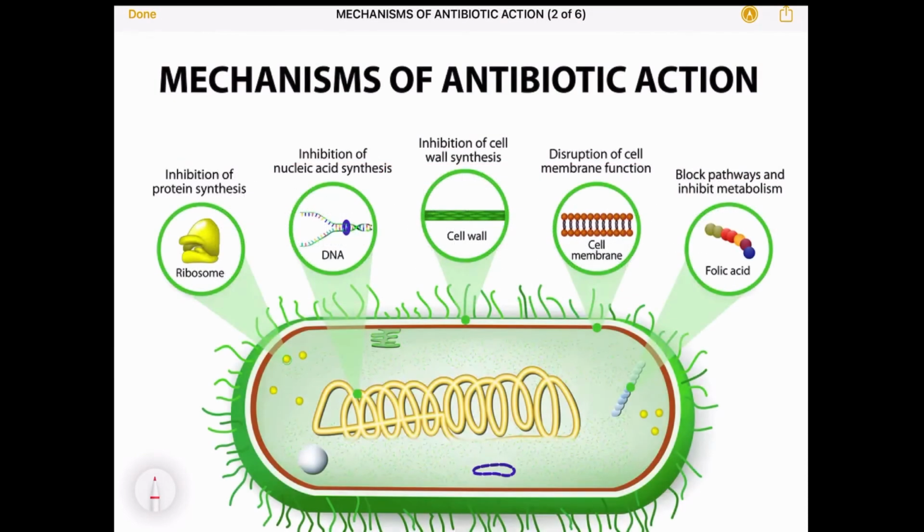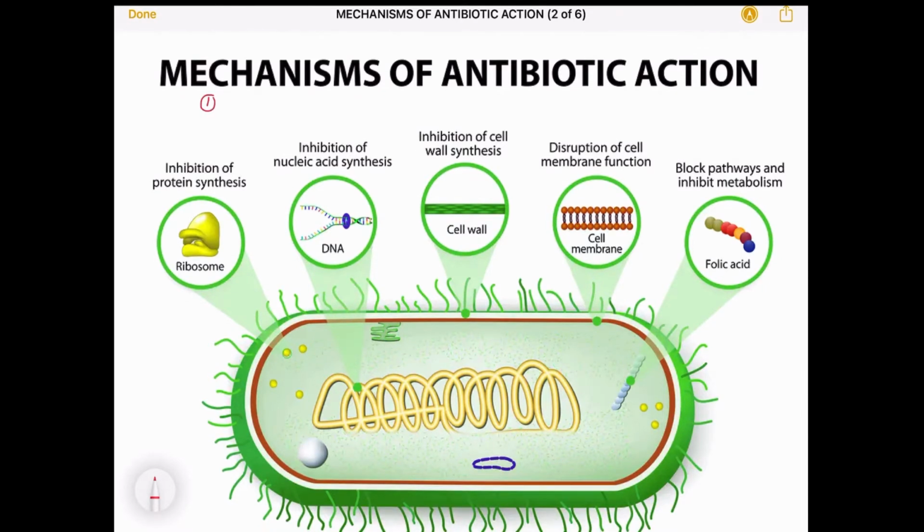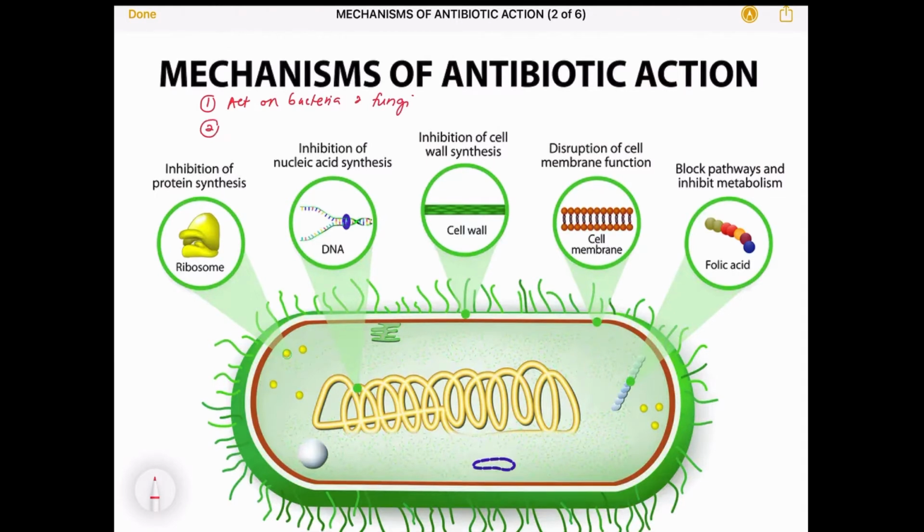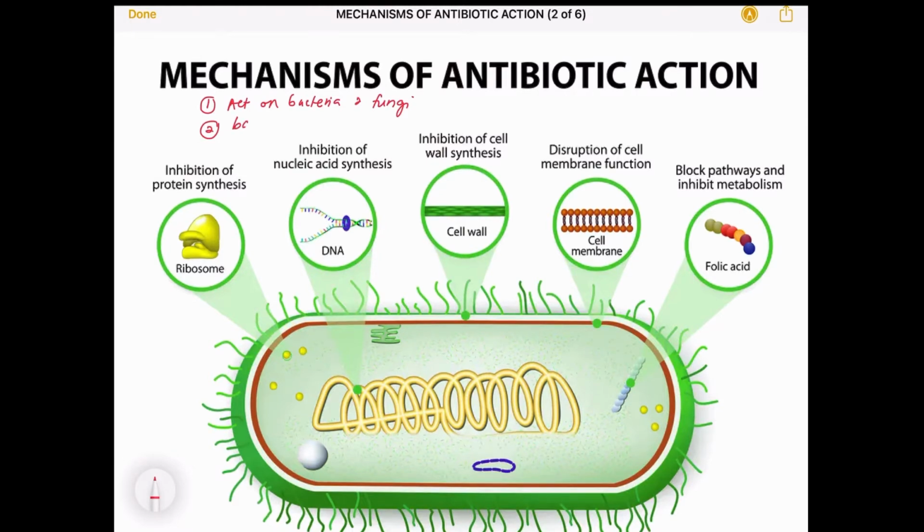So what is the mechanism of antibiotic? Number one, you have to understand that antibiotics act on bacteria and fungi. And number two, the action of antibiotic can be bactericidal, so it sounds like suicidal, is to kill, or bacteriostatic.